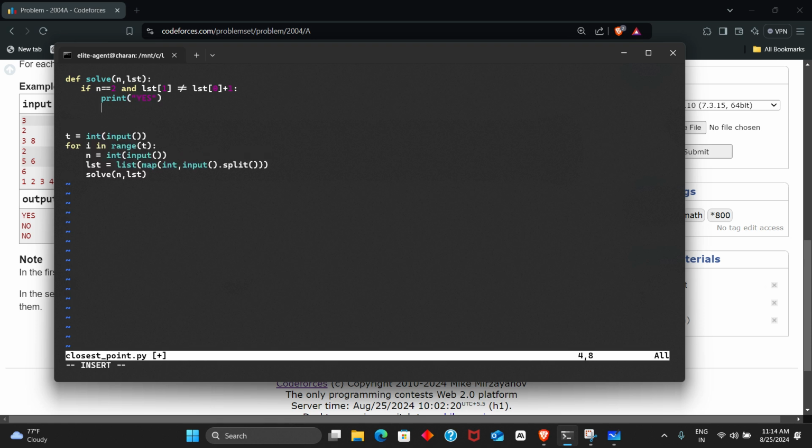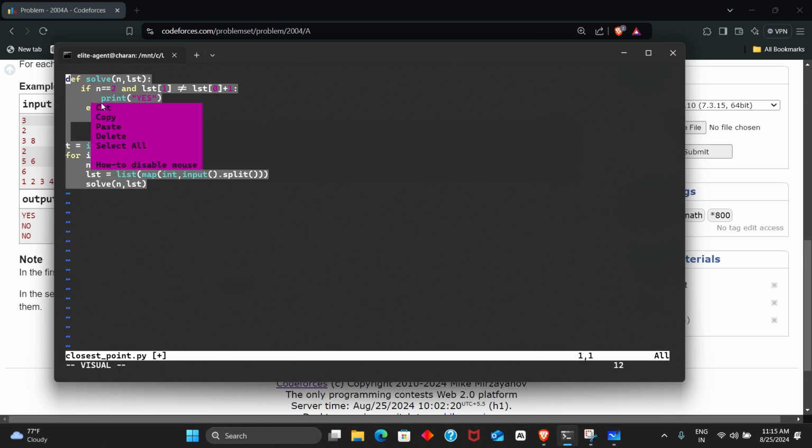And if not, we basically print out, oh, I guess there is some indentation error. What happened? Else we print no. So let's copy the code.